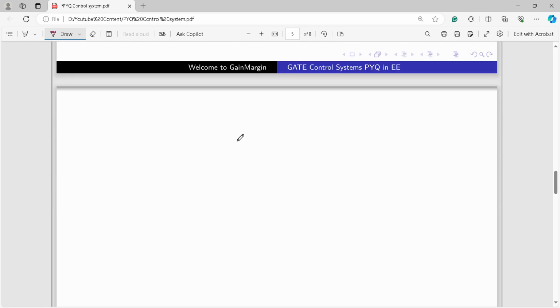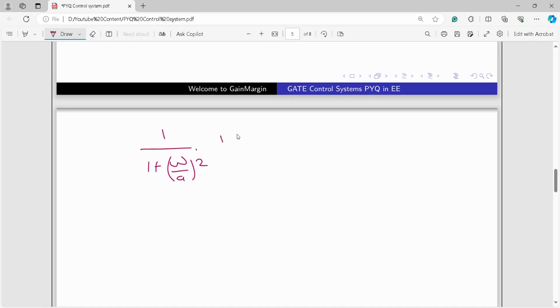So we get 1 by (1 plus (omega by a) whole square) into 1 by a, and 1 by (1 plus (omega by b) whole square) into 1 by b.